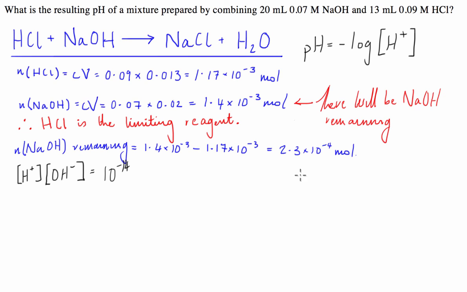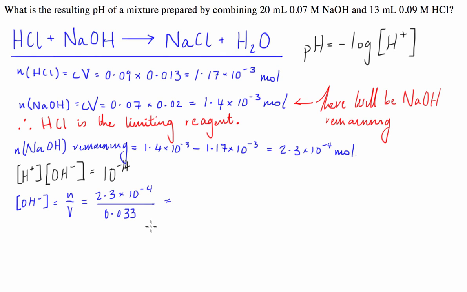So we know the number of moles of hydroxide here. So we're going to use that to work out the concentration of hydroxide. So the concentration of OH minus is going to be equal to the number of moles over the volume. The number of moles is this. And the volume is equal to 20 mils plus 13 mils, so 33 mils, or 0.033 litres.